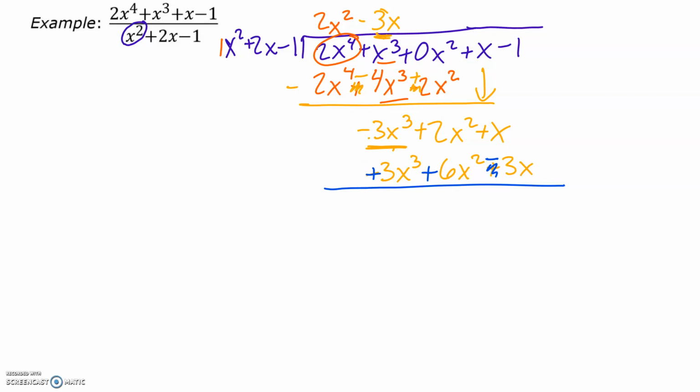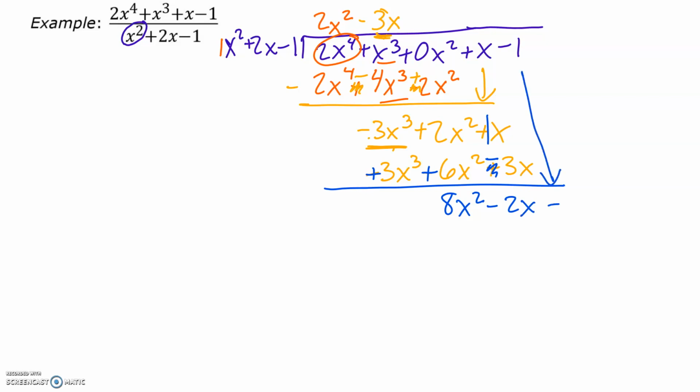Negative 3x cubed plus 3x cubed just becomes 0, and then we're going to end up with 2x squared plus 6x squared, which becomes 8x squared, and 1x minus 3x is going to give us negative 2x.